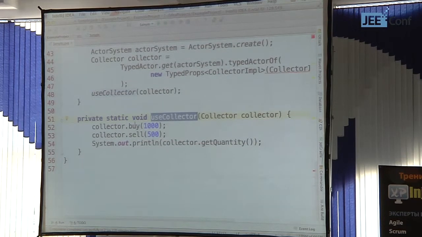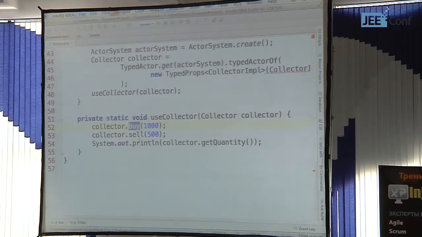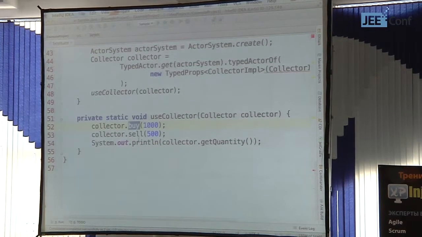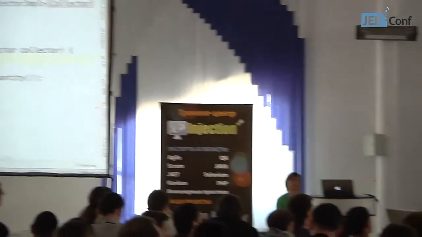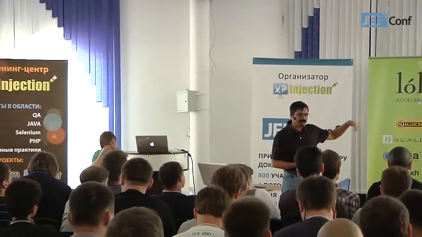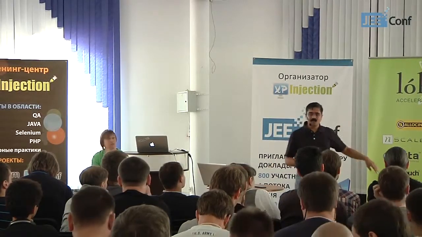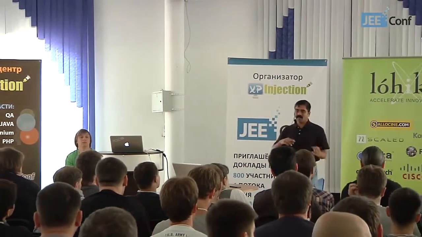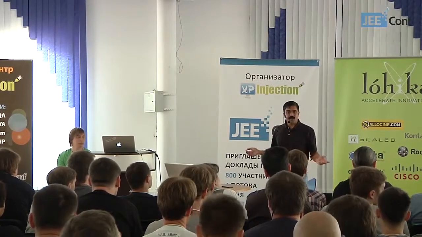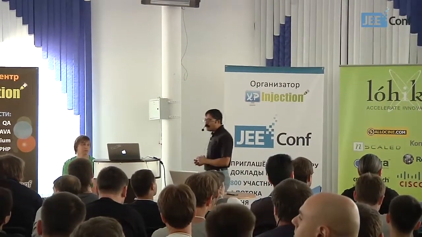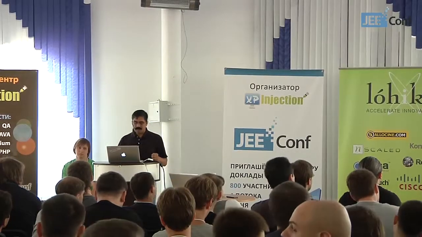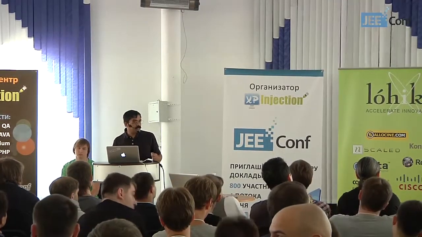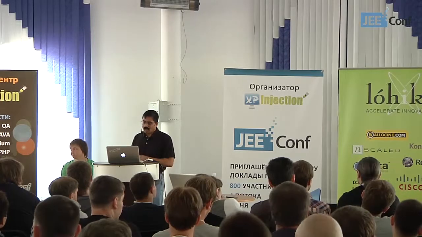For one, when you're running this sequentially, you know that the buy is complete before you do the sell, and the sell is complete before you do the get quantity. However, when you're doing this asynchronously, there's no guarantee of ordering of these methods. So it is possible that the buy and the sell may execute in a different order. As a result, you have to make sure things are being done properly in terms of the correctness of the code itself. That is something you need to be very careful with.